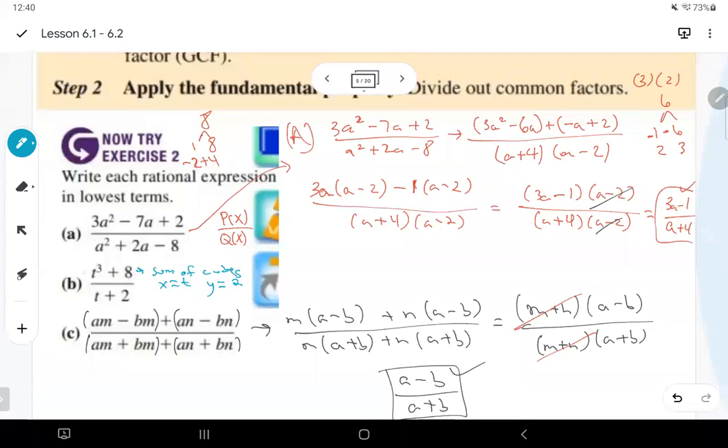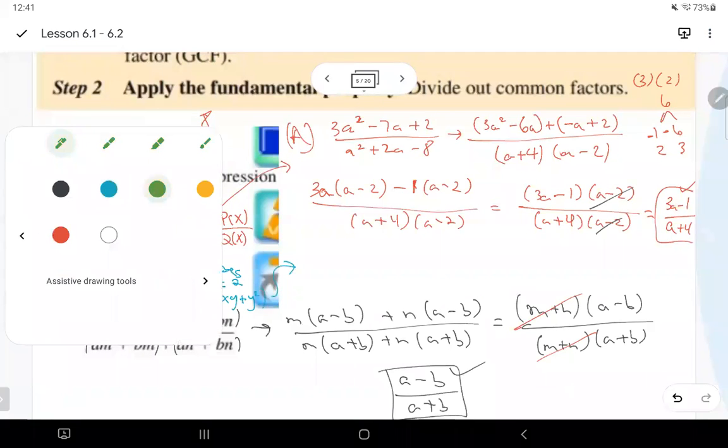We get 2 because the cube root of 8 is 2. So then you have to remember back to your formula, which is x plus y times x squared minus xy plus y squared.